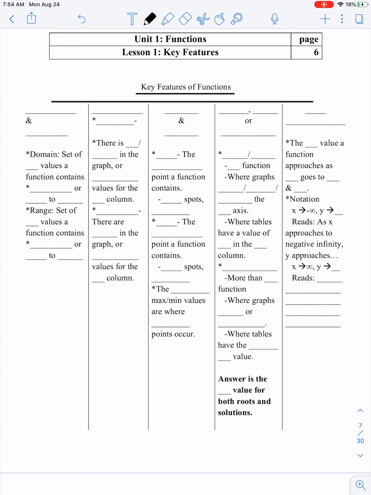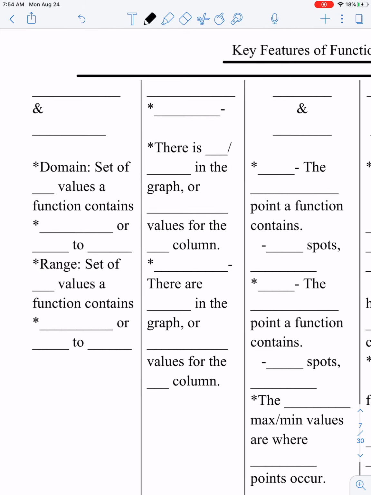Okay, so the first key feature we're going to talk about is domain and range. From Math 2, you should already be somewhat familiar with domain and range. Remember, domain is just a set of x values a function has.